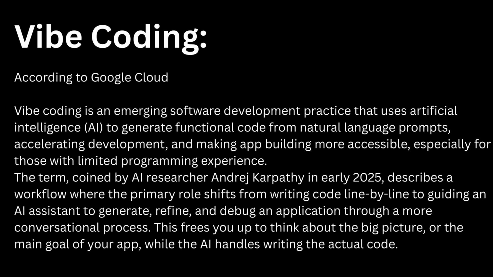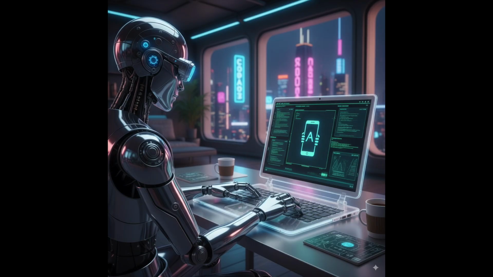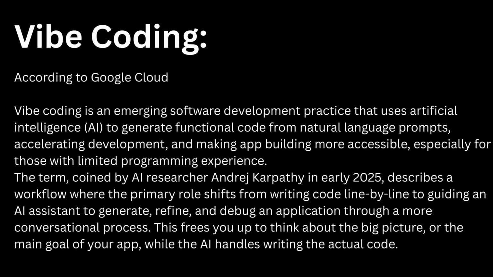If you're watching in 2025, according to Google Cloud, vibe coding is an emerging software development practice that uses artificial intelligence, AI, to generate functional code from natural language prompts, accelerating development and making app building more accessible, especially for those with limited programming experience.